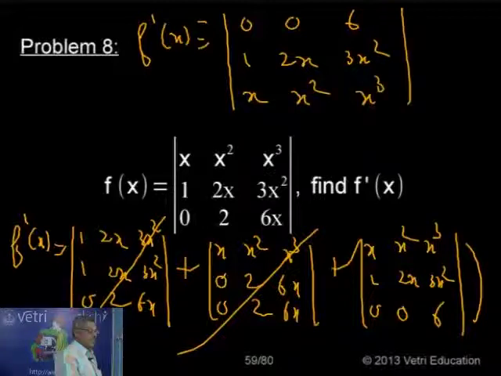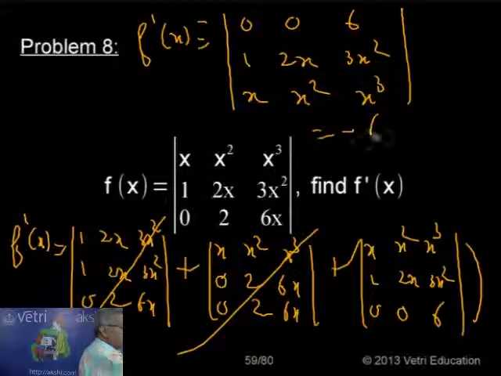I am interchanging the first row with the third row because we can expand with the help of the first row. 2 elements are 0, easy for us to expand. So, we are getting 0 into anything 0, 0 into anything 0, minus 6. By interchanging 2 rows, the determinant changes its sign, therefore the minus sign is taken out. Minus 6 times x square minus 2x square, you get x square minus 2x square minus x square. That is 6x square is the answer.